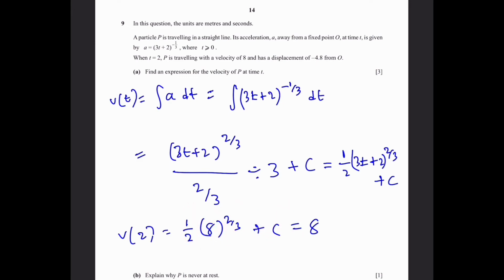And 4 times half is just 2. So 2 plus c is 8, and c is equal to 6. Therefore, I'll just write c equals 6 over here, the function v of t is going to be equal to half times (3t + 2) to the power of 2/3 plus 6.